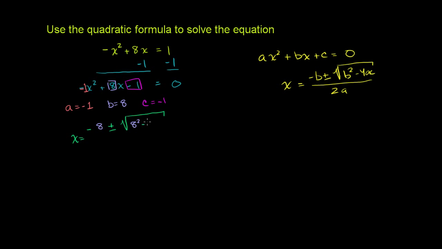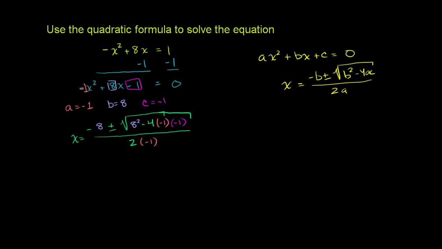The green's the part of the formula. The colored parts are the things that we're substituting into the formula. Minus 4 times a, which is negative 1, times c, which is also negative 1. And then all of that, let me extend the square root sign a little bit further, is going to be over 2 times a. In this case, a is negative 1.